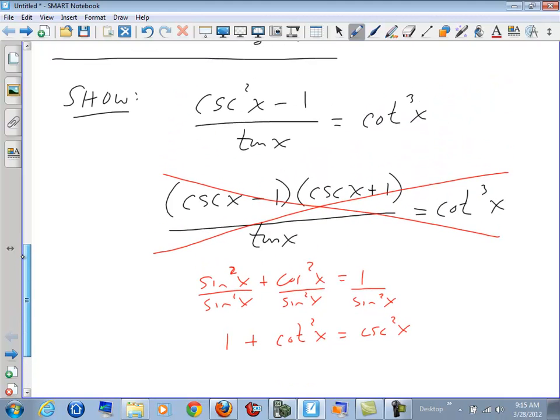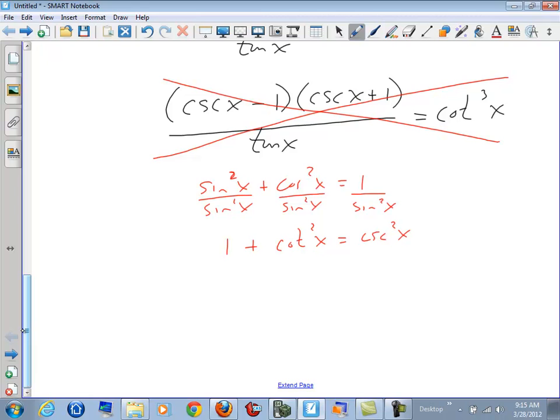So at this point, I can either just substitute 1 plus cotangent squared into the numerator, or I can recognize that I want cosecant squared minus 1, so if I subtract 1 from both sides here, I get exactly that. So now I have exactly what my numerator is, and I have a substitution for it now, cotangent squared.